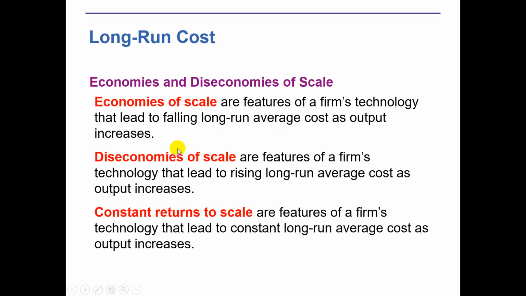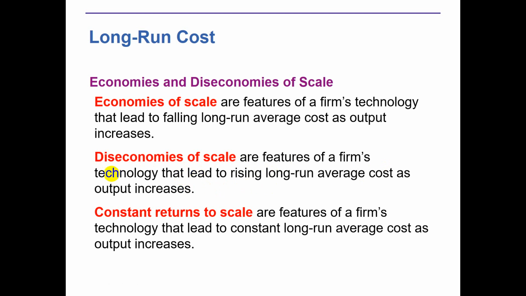If you see the vice versa, if you increase the production and your average cost is rising, it means you are falling into the trap of diseconomies of scale. So it means large production is not feasible for your firm because your average cost is increasing.